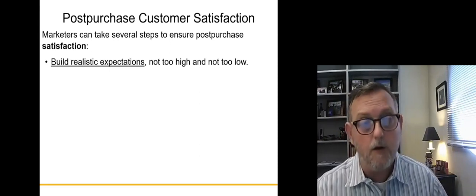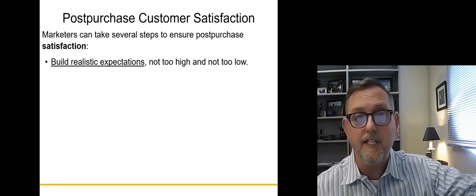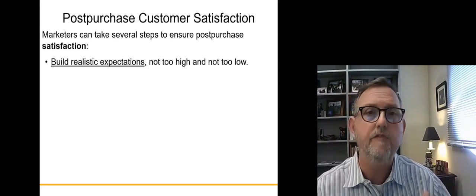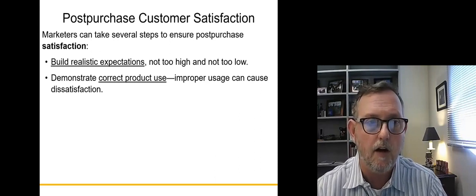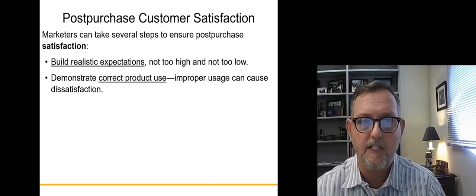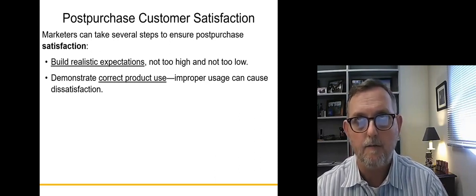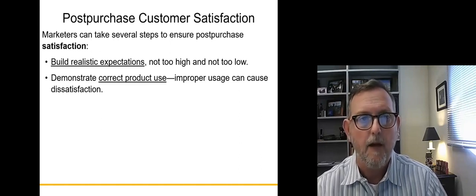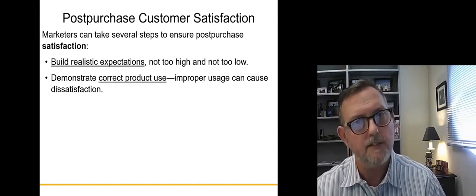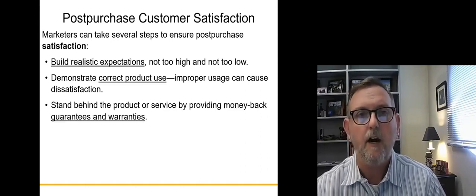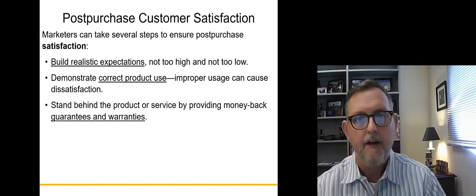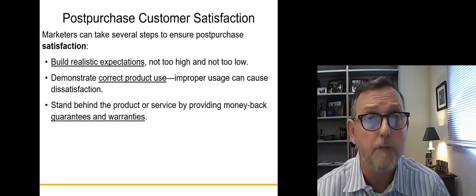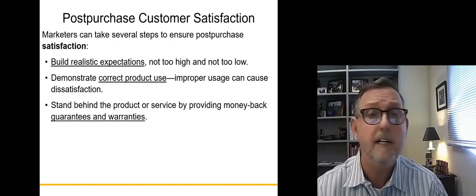So things that we can do to help that, one would be to build realistic expectations. Don't oversell the product's benefits. Look to offer real expectations that they can come to expect from us. Make sure that products are being used for the purpose that they're intended for, that people aren't buying products for reasons they shouldn't be, because the product won't function properly for them.